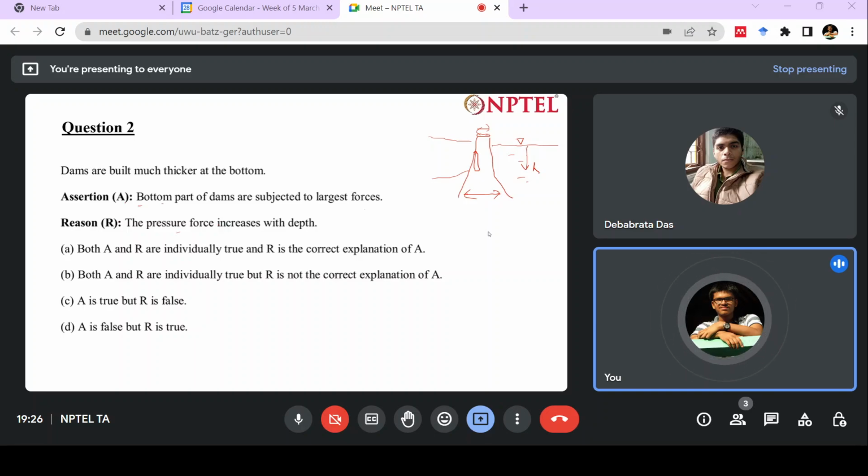As we go down, the pressure increases, and thus the bottom parts of the dams are subject to larger force. So this explains the statement, and the first answer is correct here.